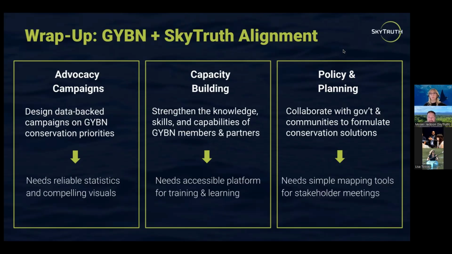If you're interested in capacity building, so if you want to enhance the technical capacity of your organization, of your community, or of your university or fellow students on these conservation issues, you already have access to these tools. And they're user-friendly platforms that can serve as the basis for training and learning and teaching others basic GIS skills or the issues themselves. So issues around marine oil pollution or the 30 by 30 protection target.